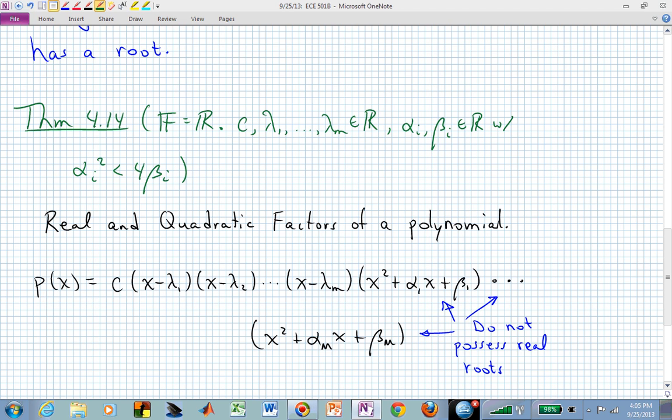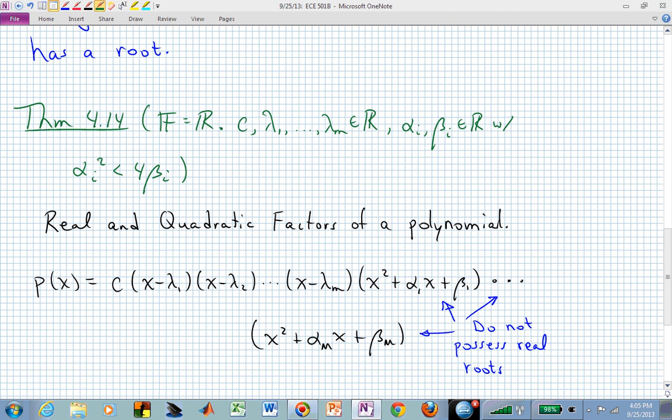We may be able to only factor as far as factors that are quadratic in structure, meaning we may have little m factors that are linear, and so these lambdas are real. The c is real. All of these things belong to the real number line, but now there may be pieces of that polynomial that we can't factor into pieces that contain real numbers.